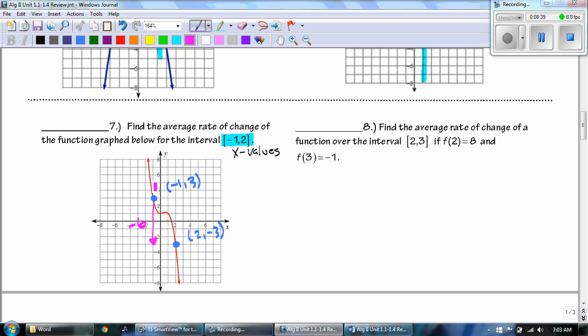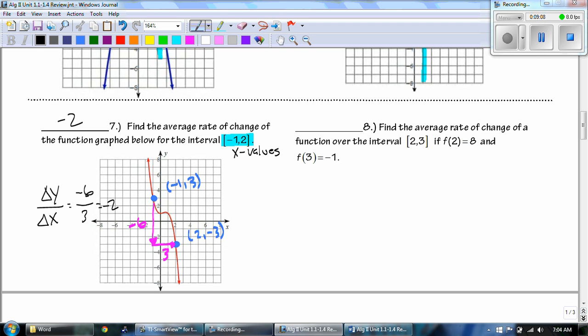So I went down 6. We were calling that our change in y, delta y, and delta x. Okay, so we went down 6, and then to the right we go 1, 2, 3. So negative 6 divided by 3 would be negative 2.